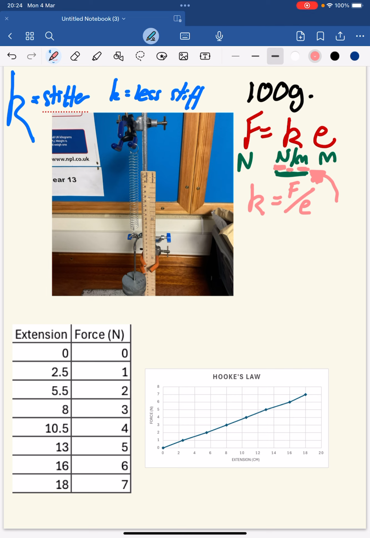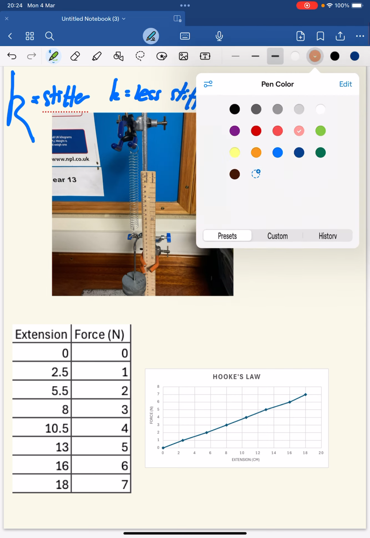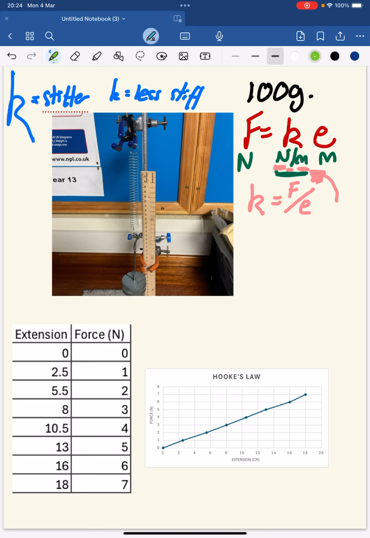Now the force, we said there, is in newtons. Okay, but we've got 100 grams, which is a mass. So we've got to use another equation. Remember, weight equals mass times gravitational field strength. So if our mass, we said there, is going to be 100 grams, that mass, however, needs to be in kilograms.